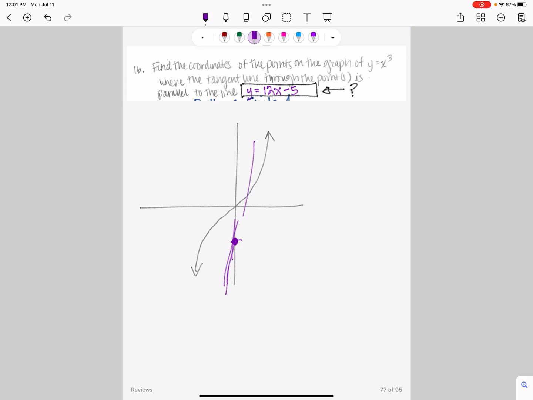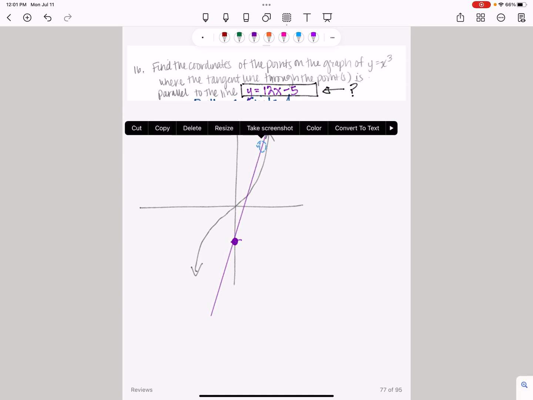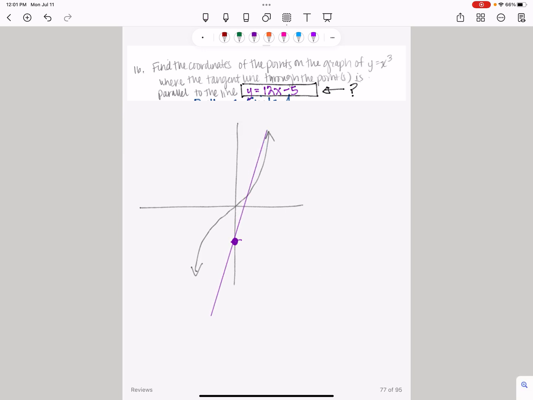Let's make this a little bit less sloppy. I'm going to have to make it a little unrealistic, because if I try and make it too steep, it's going to look vertical, and it's not vertical. So what I'm looking for is a slope.